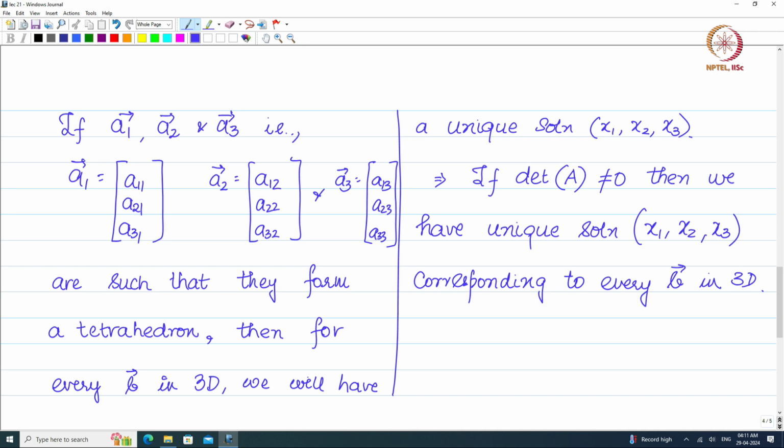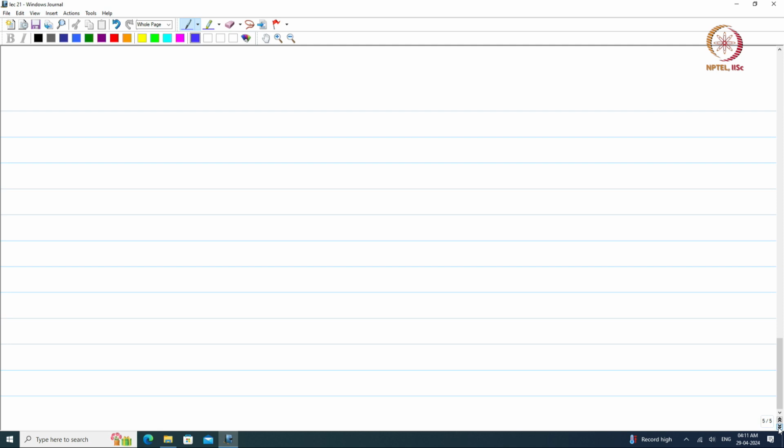So, the idea is, if you have a unique solution, let us see geometrically how that looks. That is even better. So, let us assume that these are the 3 axes that we have. Let us say the E1 axis, the E2 axis, and then we have E3.